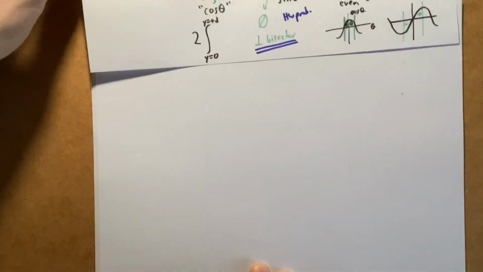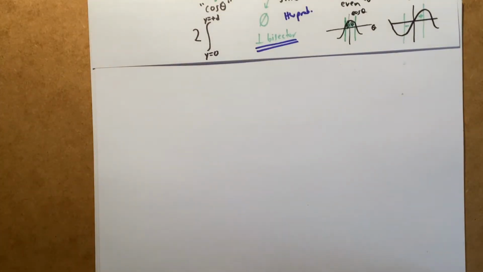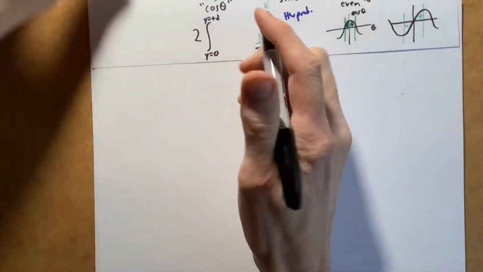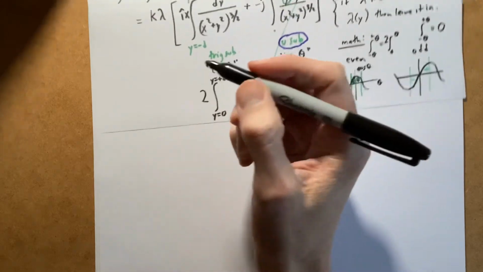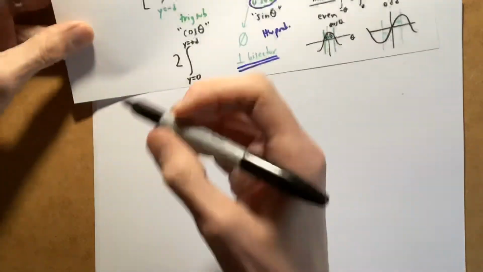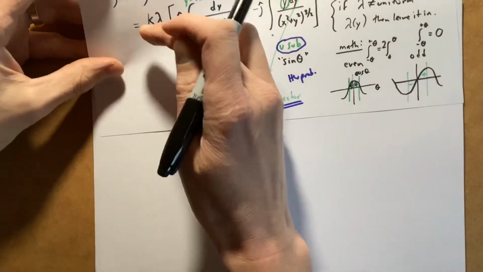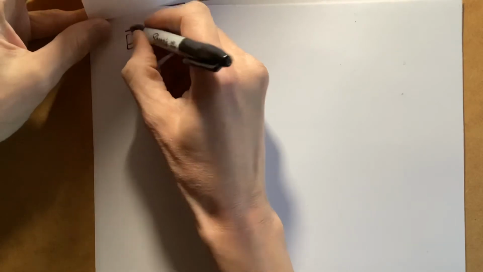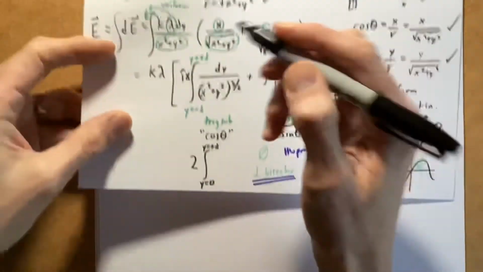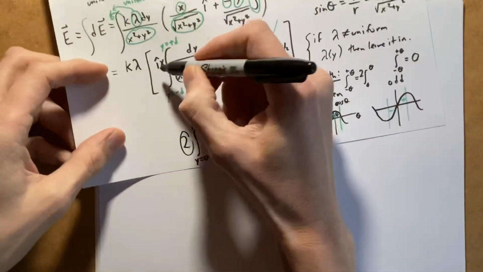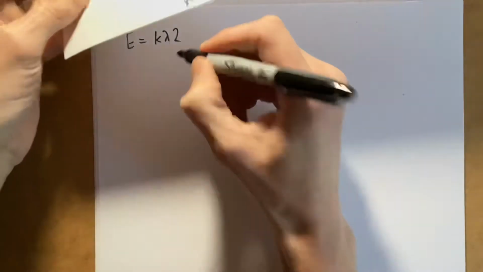So let's go ahead and write down what we have left, which is now considerably less. Let's copy over everything. We have k lambda, we have 2, let's not forget about that, we have i hat, x.